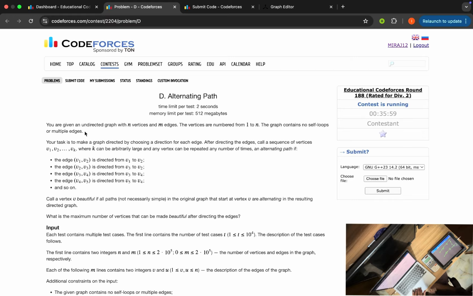Let's read again. You are given an undirected graph with n vertices and m edges. The vertices are numbered from 1 to n. The graph contains no self loop, no multi-edge. Your task is to make the graph directed by choosing a direction for each edge. After directing the edges, call a sequence of vertices v1, v2, vk. Is there any?